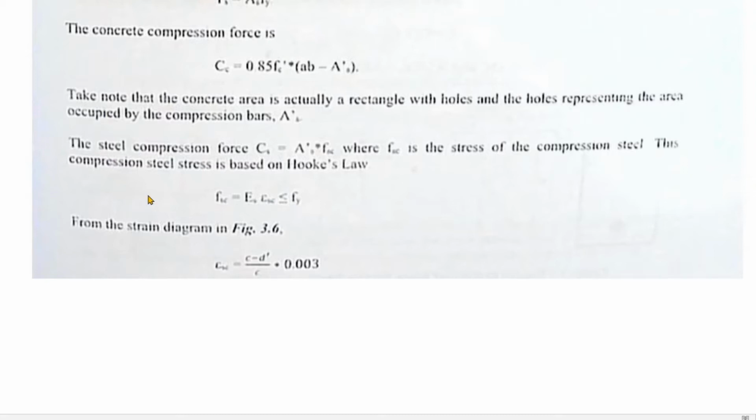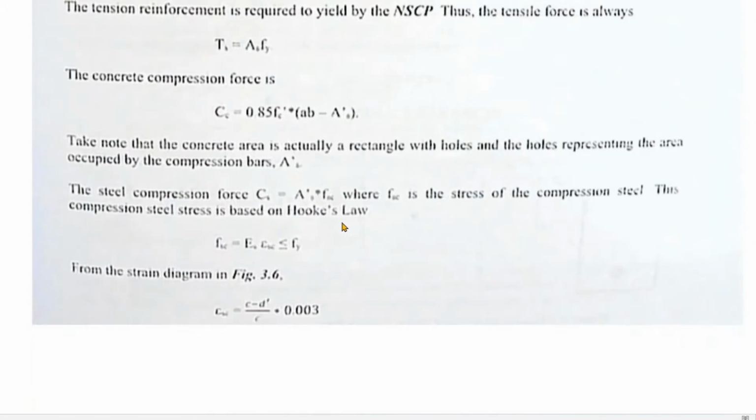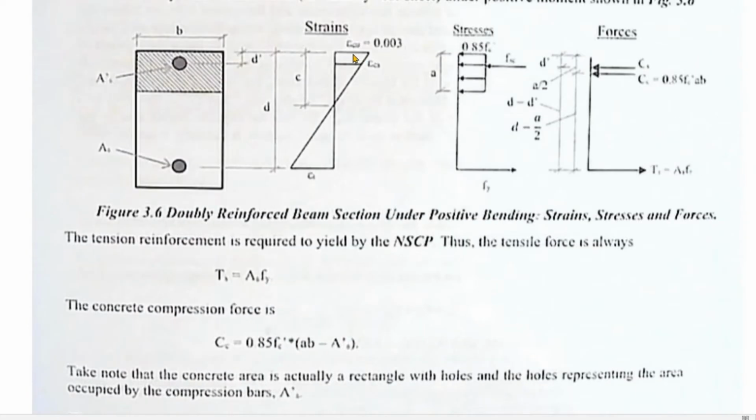From the strain diagram in figure 3.6, ito siya. Strain is equal to (c minus d') all over c times 0.003. Or, ito yung triangle na yan, ano? So, 0.003 over c compared to strain in Cs over c minus d', okay?